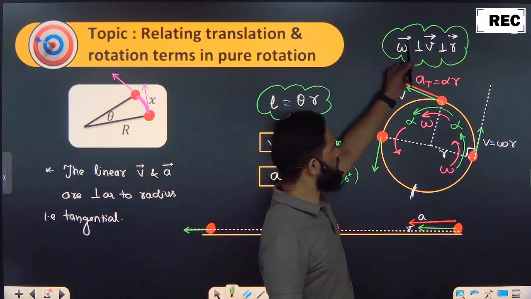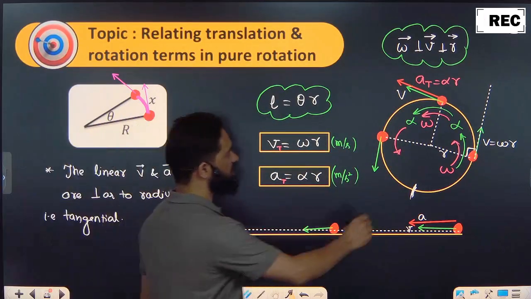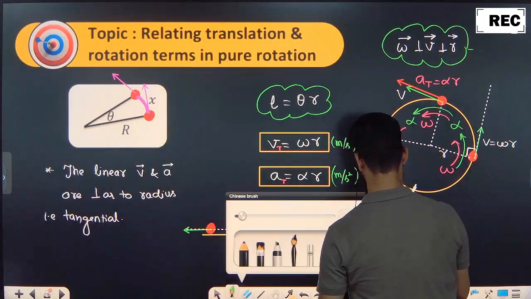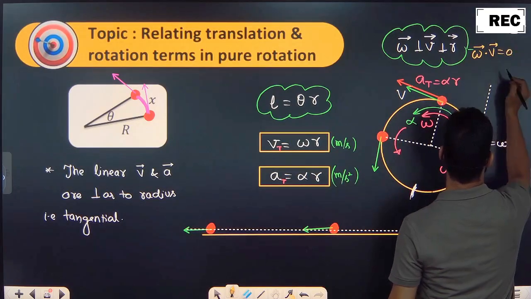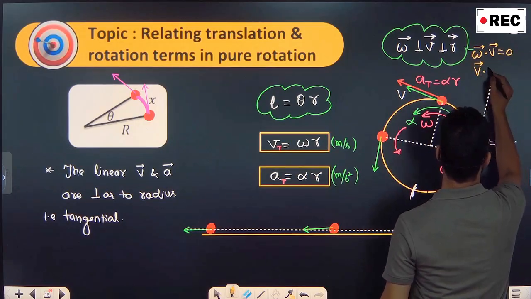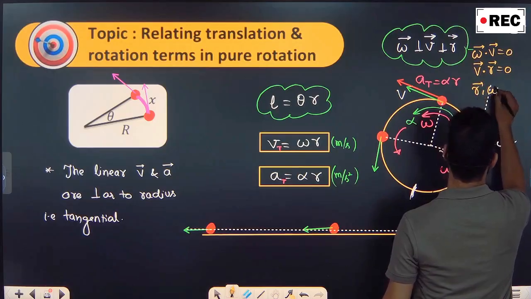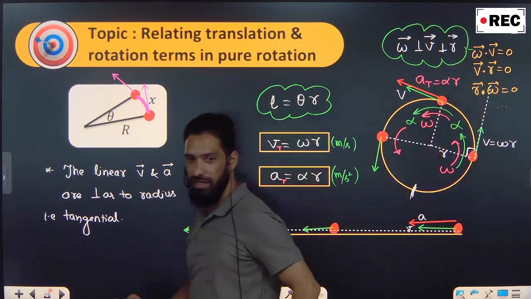What is the dot product of omega and r? 0. Remember, dot products will be 0. ओमेगा डॉट वी क्या बनेगा? 0. v डॉट r क्या बनेगा? 0. एंड r डॉट ओमेगा भी क्या बनेगा? 0. डॉट प्रोडक्ट ऑफ म्यूचुअली परपेंडिकुलर वेक्टर्स इज 0.